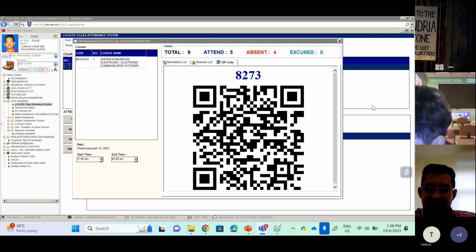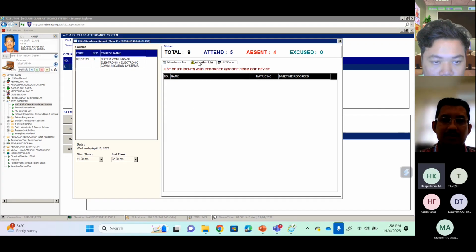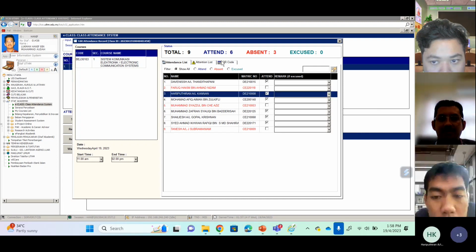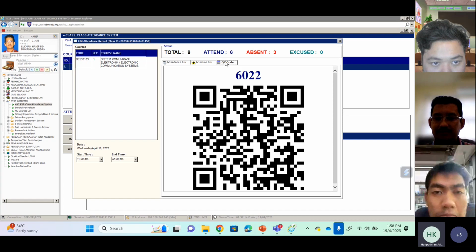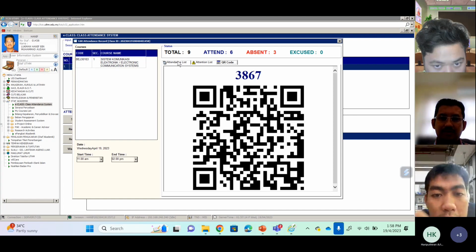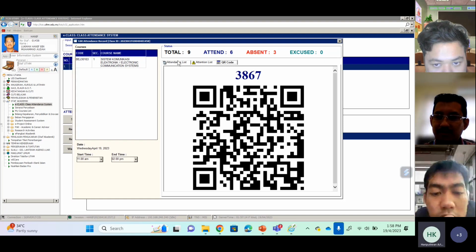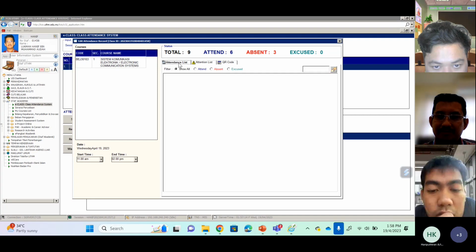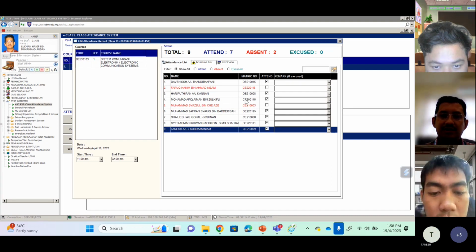Doktor, saya tak boleh scan. Nama siapa? Hari. Ya. So Hari, okay, Hari saya sudah tick. Doktor, saya punya kawan pun ada dalam kelas ni tapi dia pun tak boleh scan. Siapa? Tanesh. Tanesh ada? Dia punya line problem Doktor, tadi dia kata. Ada sir. Okay, Tanesh sudah settle.